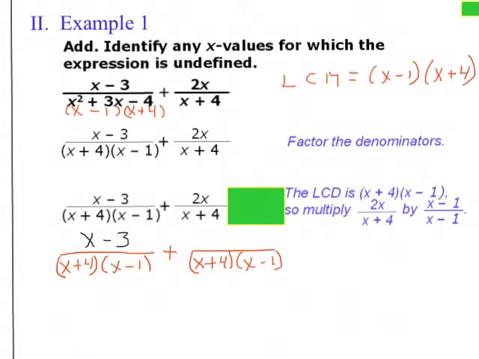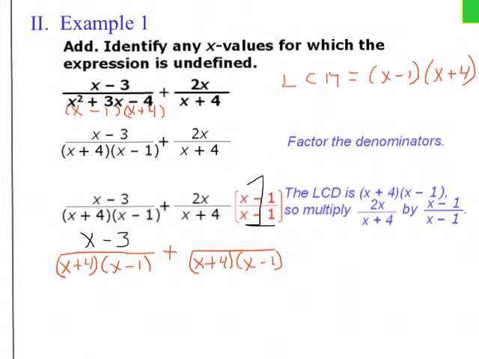But it's not good enough just to multiply by x minus 1. I have to multiply by x minus 1 over x minus 1. Now, the reason why I have to do that is because, notice, x minus 1 divided by x minus 1 is actually just a fancy way of writing a 1.